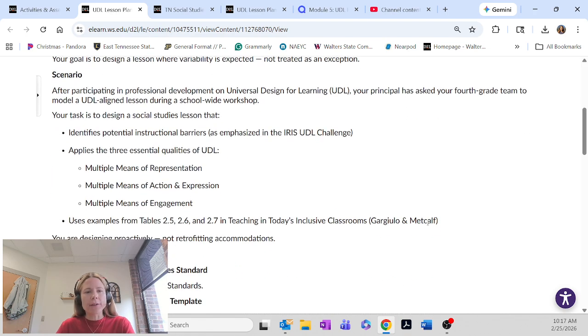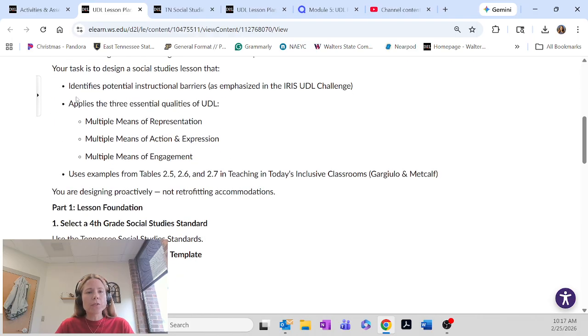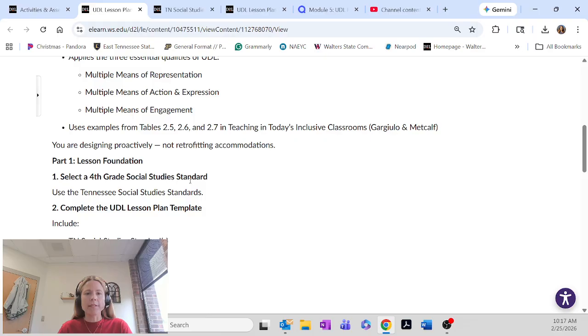Now, here's your scenario. Your school participated in a professional development on universal design for learning, and your principal asked you and your fourth grade team to model what a UDL lesson plan would look like during a school-wide workshop. So your task is to design a lesson plan that applies the three essential qualities of UDL: multiple means of representation, multiple means of action and expression, and multiple means of engagement.